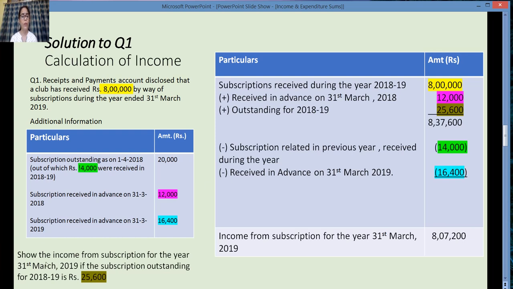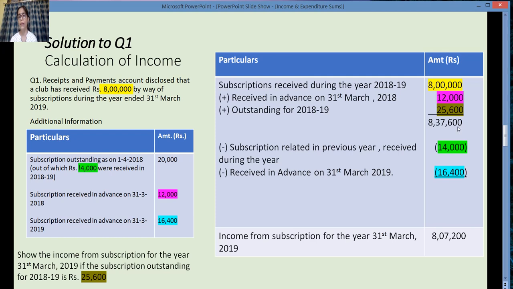Again, we have the information that at the end of this 31st March, 25,600 is still pending and yet to be received. That is outstanding at the end of the current financial year and is to be added. So 25,600 is added.